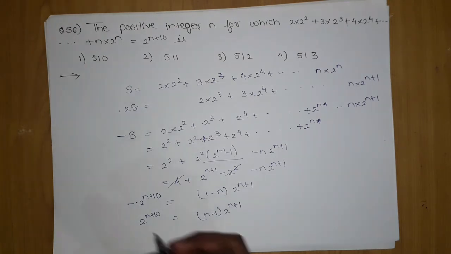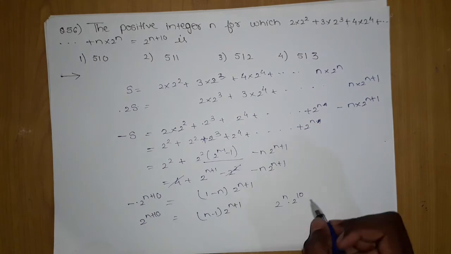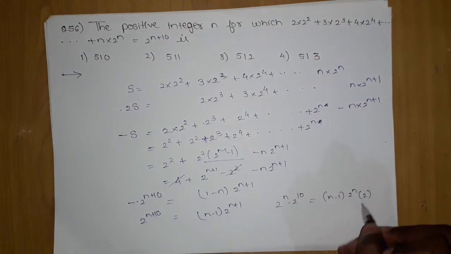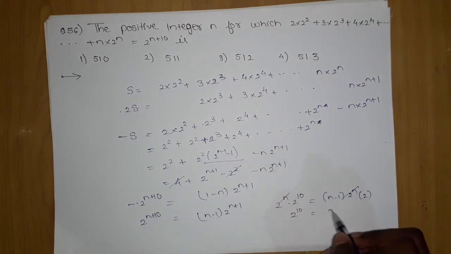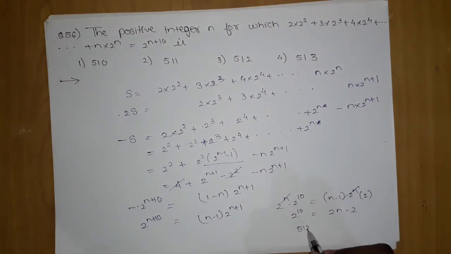We can break this thing as 2 power 10 into 2 power this, and this has n minus 1 into 2 power n into 2, which will cancel out, giving me my final 2 power 10 is equal to 2n minus 2. Which will give me 512.